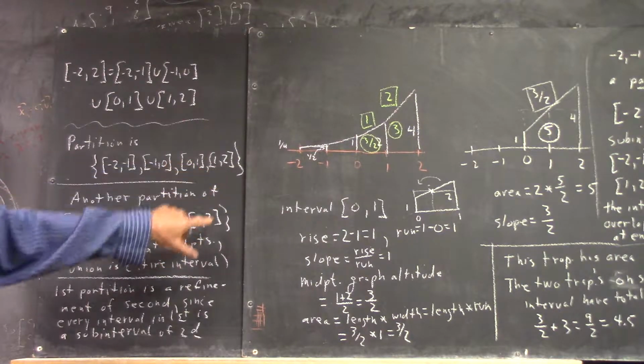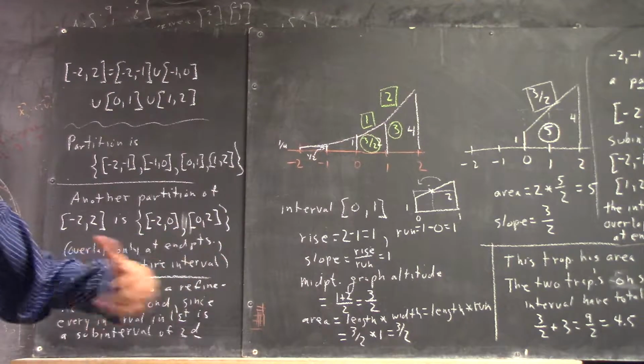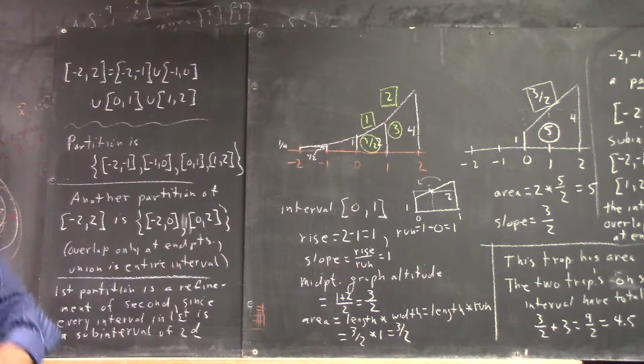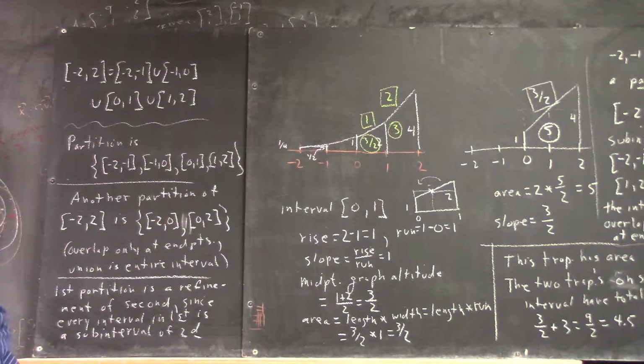Okay, is this one a subinterval of this one? Okay, so what I've done is I've divided both of these intervals into 2. I could have divided them into 12 as long as I still have a partition. As long as my refinement covers the whole interval, overlapping only at endpoints. Okay?